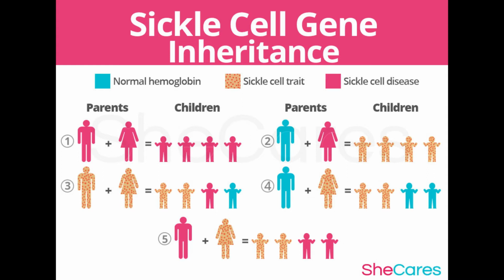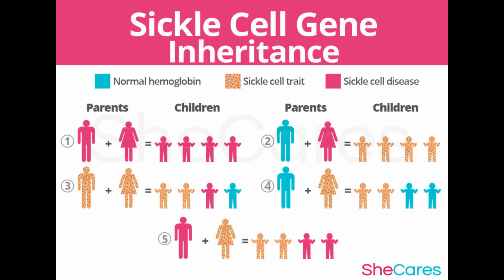Please listen carefully. The speaker is going to explain two different scenarios. One in which the mother, or let's say one parent, has sickle cell trait and the other parent is normal. And then she's going to present the other situation in which both parents are carrying the trait.